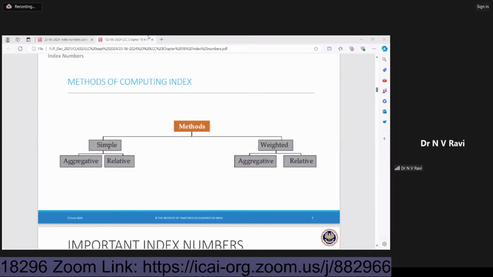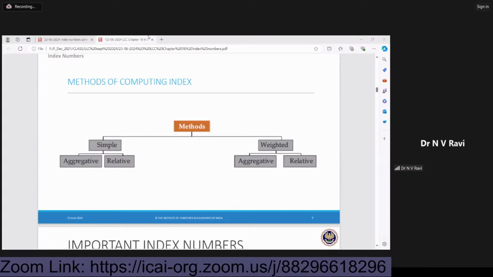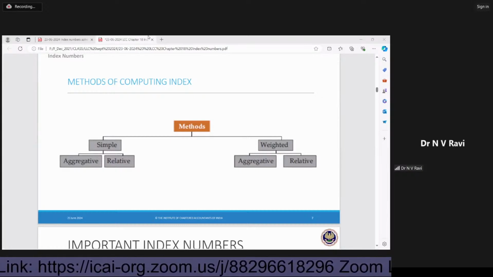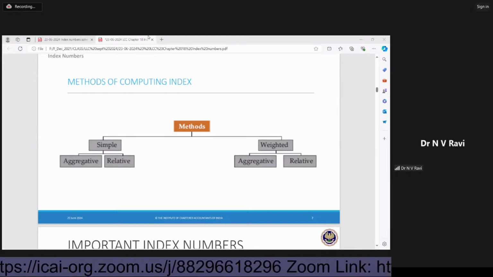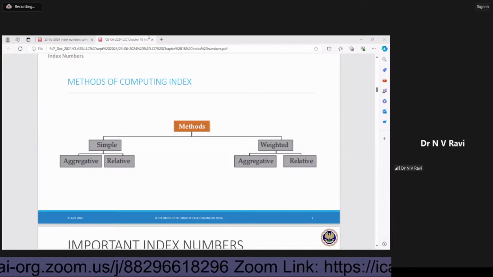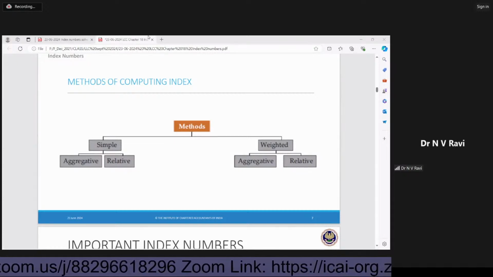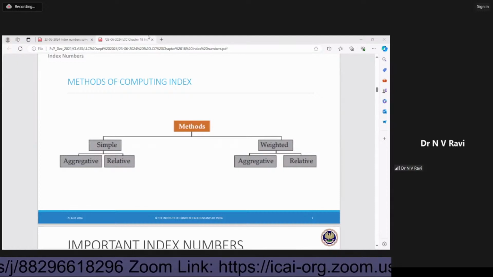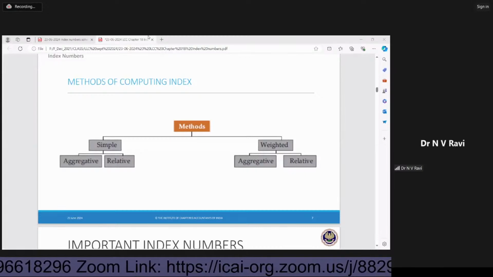And coming to chain index numbers, here the indexes change relatively by changing the base. The price of one year is taken as the base, next year will be the current year, and like that sequentially the time series data can be changed.